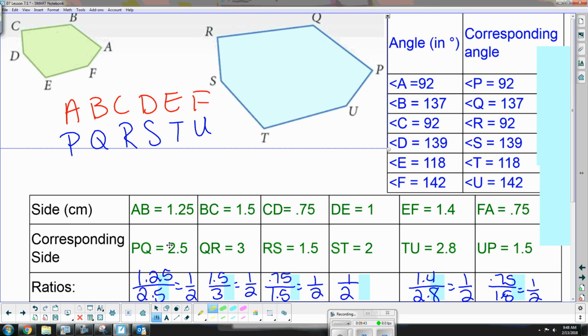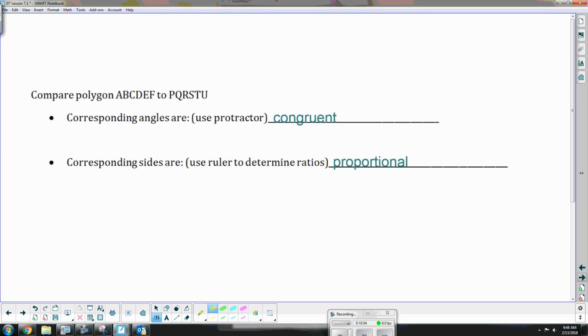The proportions are equivalent, or the ratios are equivalent. So all corresponding sides are proportional. You can match them up as equivalent ratios. So when we compare those two polygons, all the angles are congruent and all the corresponding sides are proportional.